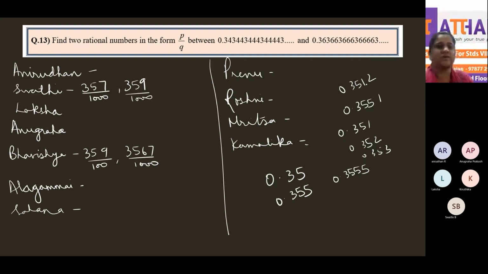It's a terminating decimal, right? Just start with 0.35 and write whatever you please. It's a terminating decimal. It's a rational number. Or if you want to write recurring, 0.35 and you can put a 1 recurring.